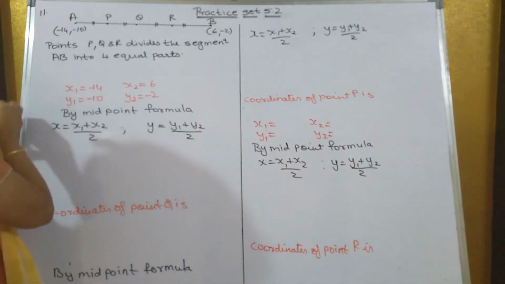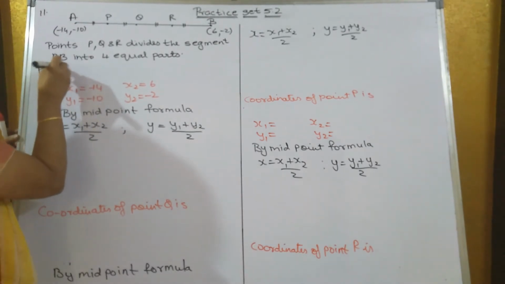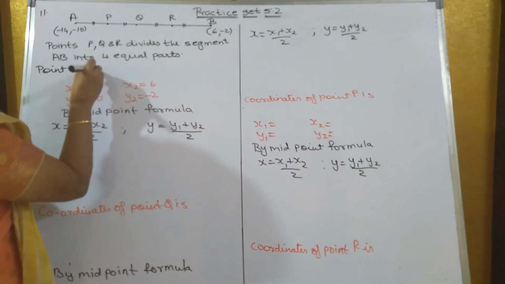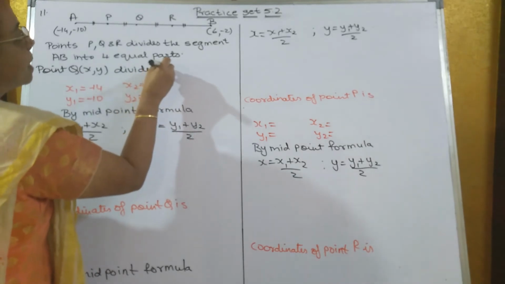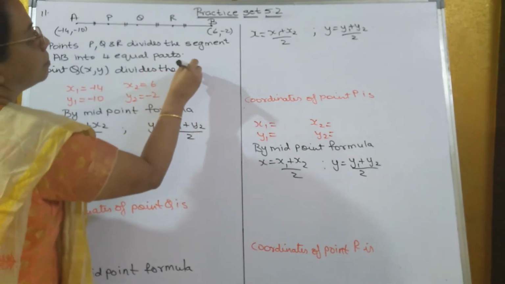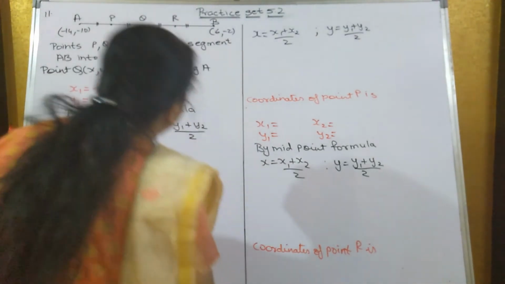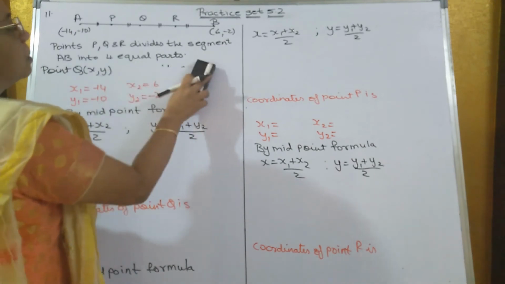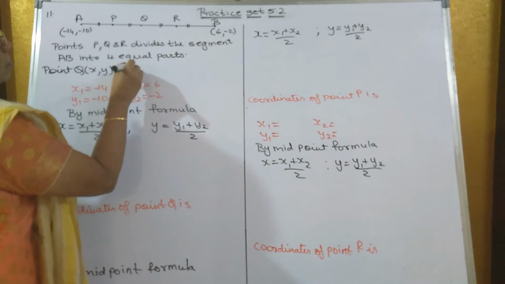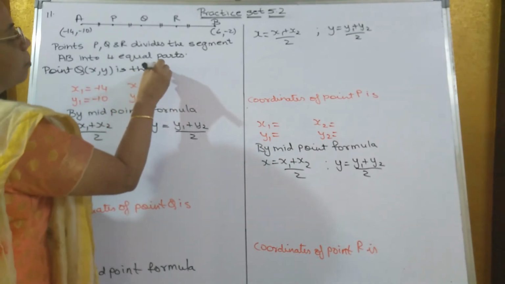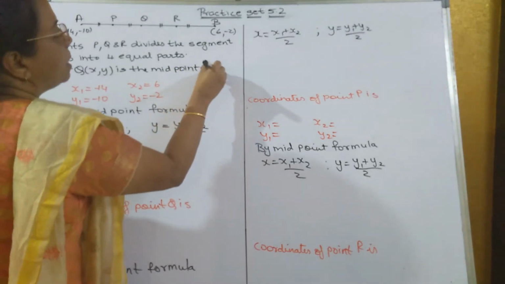So point Q, let us take that as xy, is the midpoint of seg AB.